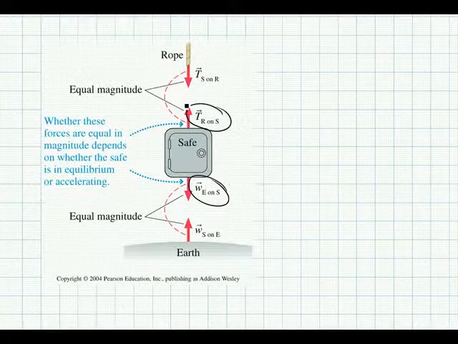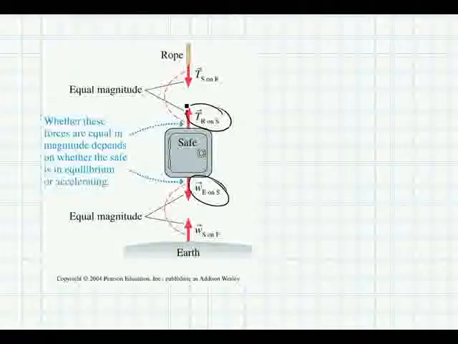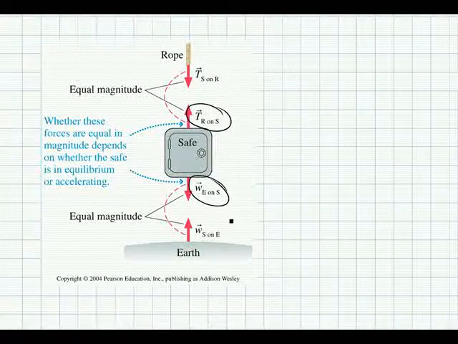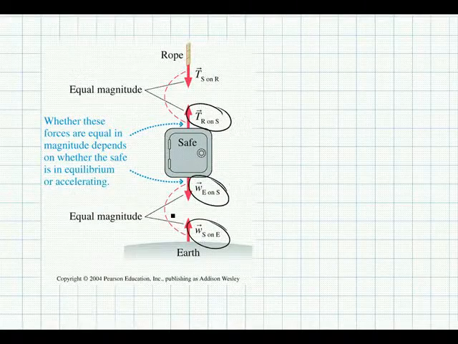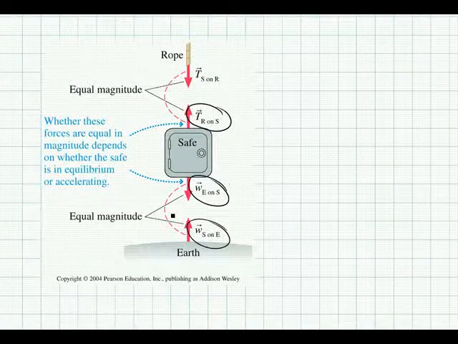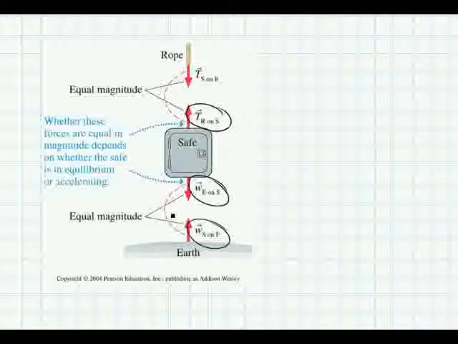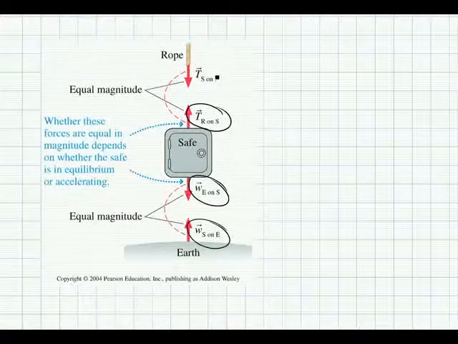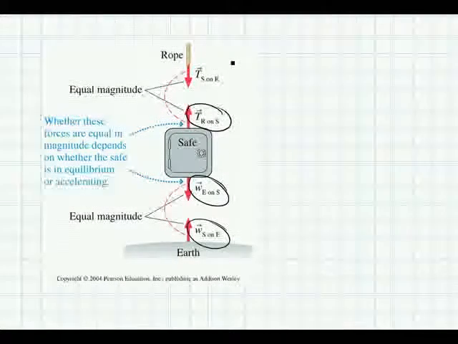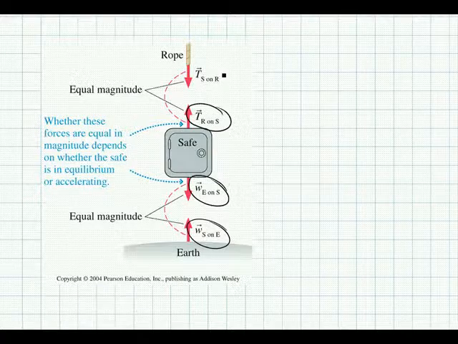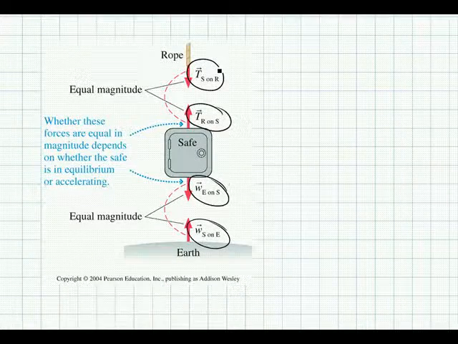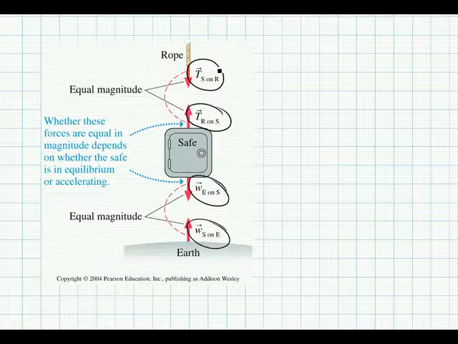Now, where are the action-reaction pairs to these two forces? Well, the reaction pair to the force of earth on safe, of course, is the force of safe on earth. So that's one action-reaction pair, and the pair for the force of rope on safe, of course, is the force of safe on the rope. So that's another action-reaction pair.